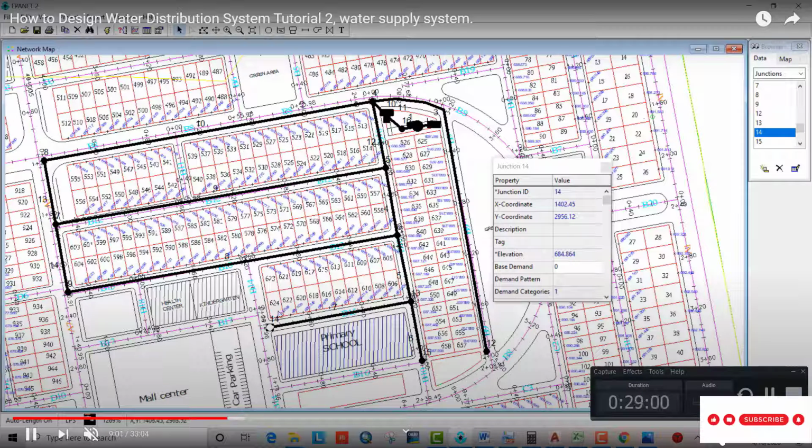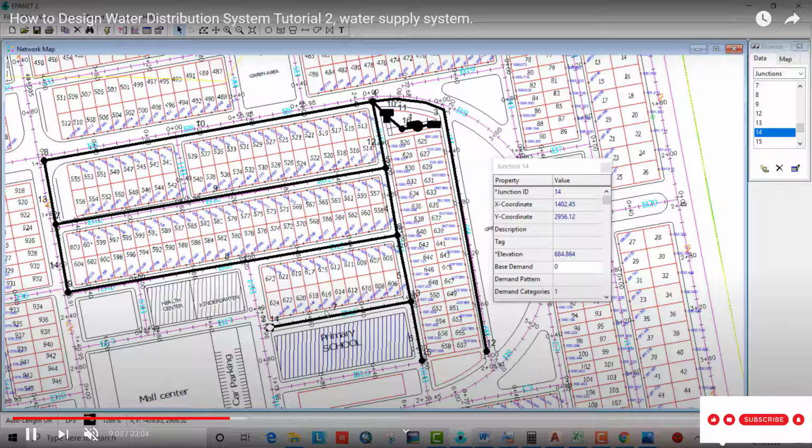This node has 10 houses and the school. We have to calculate demand for the school and for the houses.